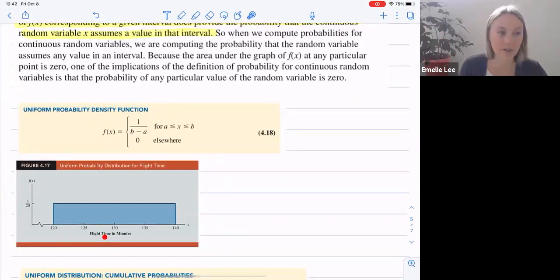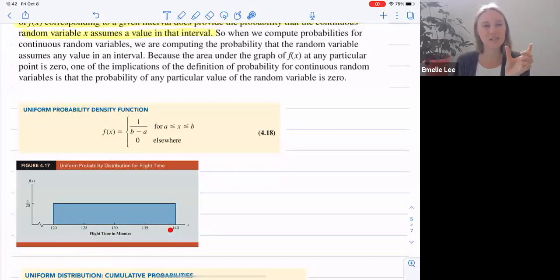If we're talking about flight time, we've got a minimum of 120 minutes and a maximum of 140 minutes, and there's no reason to think that there would be any difference here. So we take the total length, 120 to 140, which is a length of 20.